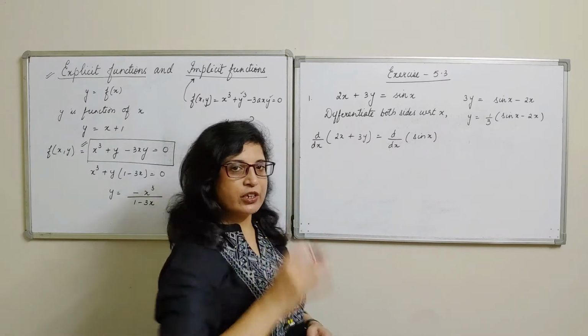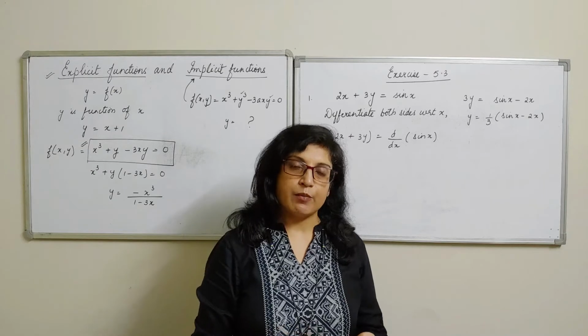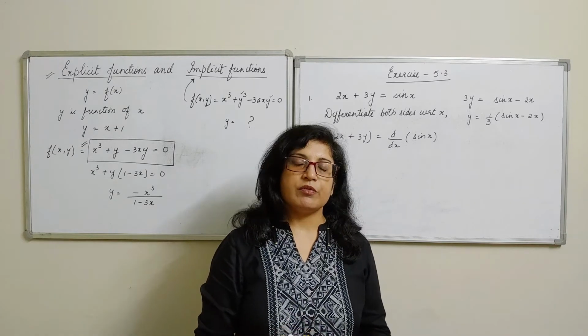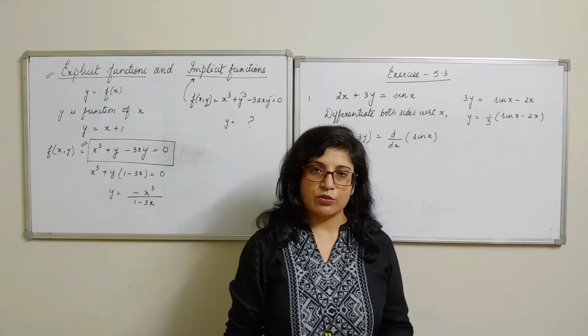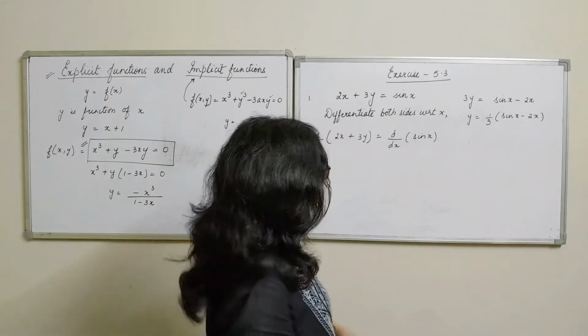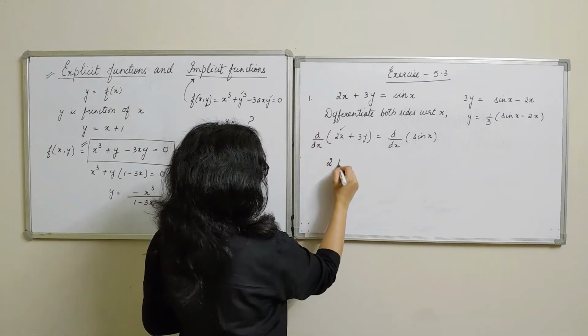Here, when we are differentiating, we will have to remember all the previous cases. That means if we come across a composite function, use the chain rule to differentiate it. If the need arises, we may be required to use the product rule or the quotient rule or other standard results of differentiation. So here, differentiating the first term, we get 2.